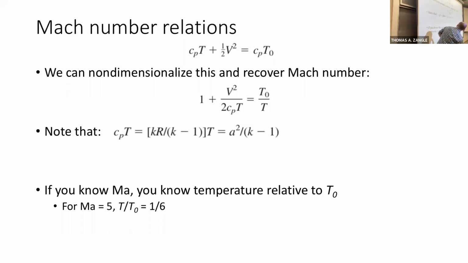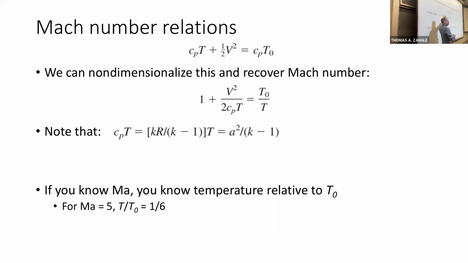We'll note that we can write out CpT in terms of what we know from our perfect gas assumption. So CpT is a squared over k minus 1. A is the speed of sound. Is R here the weird R again?